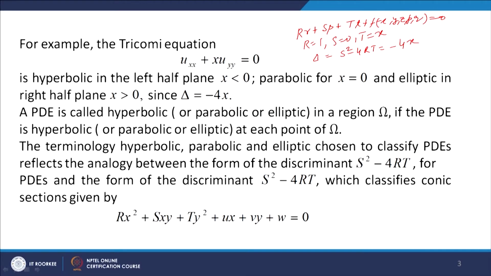Now, you can see for any value of x in the left half plane, let us say this is your 0, x axis and y axis, so this is your left half plane where x is less than 0, and in the right half plane x is greater than 0. In the left half plane, when x is less than 0, delta is positive. It is parabolic for x equal to 0, that means on the y axis.